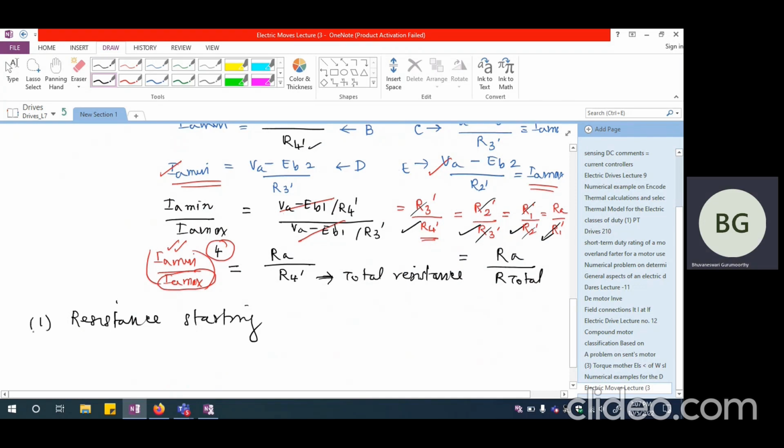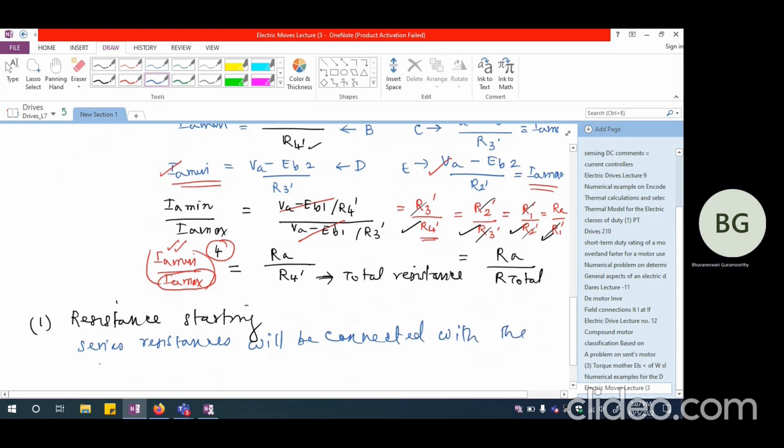So when we are using resistance starting, series resistances will be connected with the armature circuit. And they'll be cut off slowly as the speed picks up.